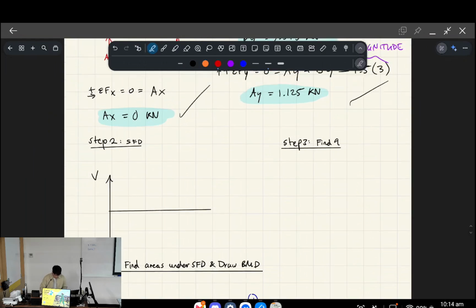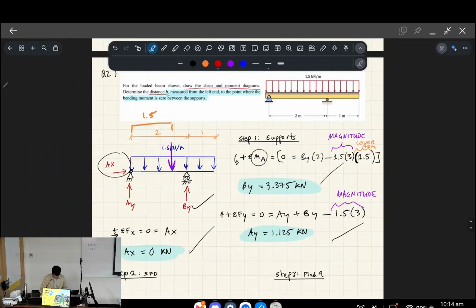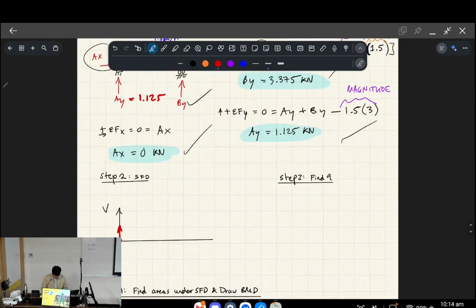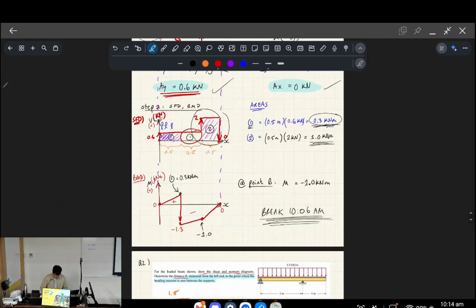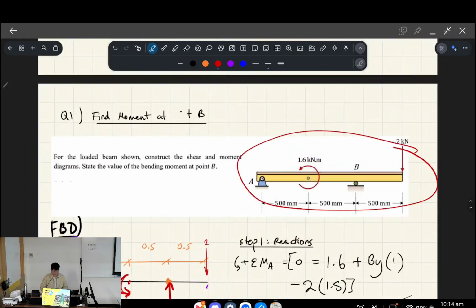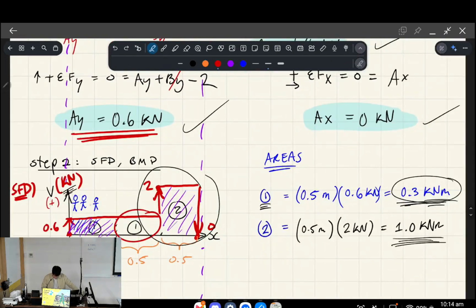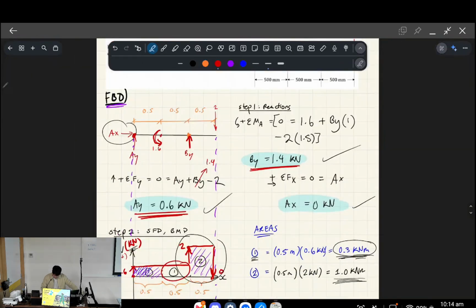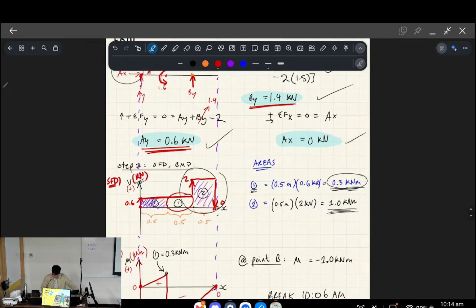But first thing we do is, starting at 0, we have a discontinuity that jumps up by Ay, and Ay was 1.125. So here we end up at 1.125, okay? Now, what's different between this beam and the one that we saw last question is this one doesn't have a uniformly distributed load acting over it, okay? And therefore, when we had our little man walking across the free body diagram, it results in a flat line on the shear force, right?